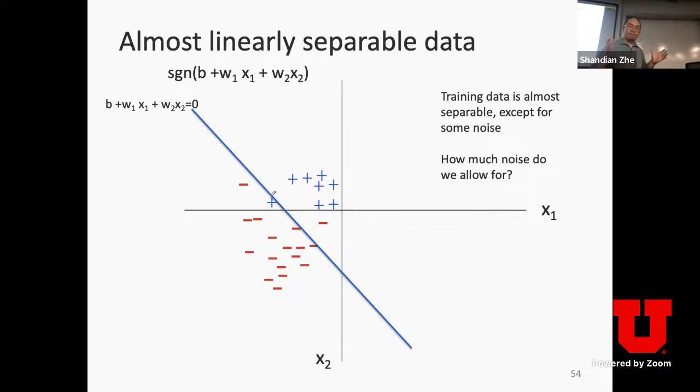In some extreme case, you want to draw a line that minimizes the training error, but that will reduce the margin of the linear classifier and then hurt the generalization capability.